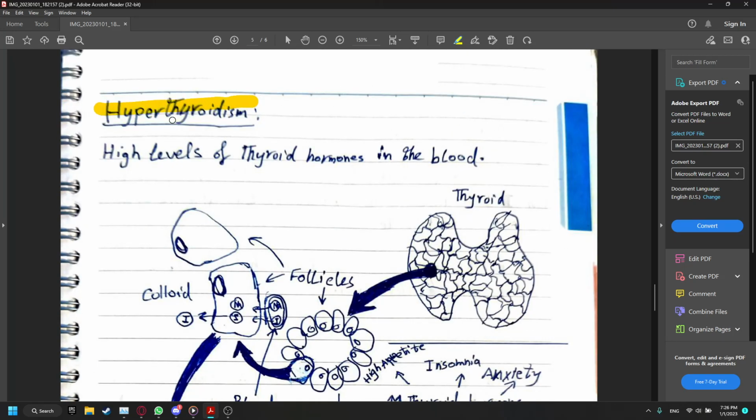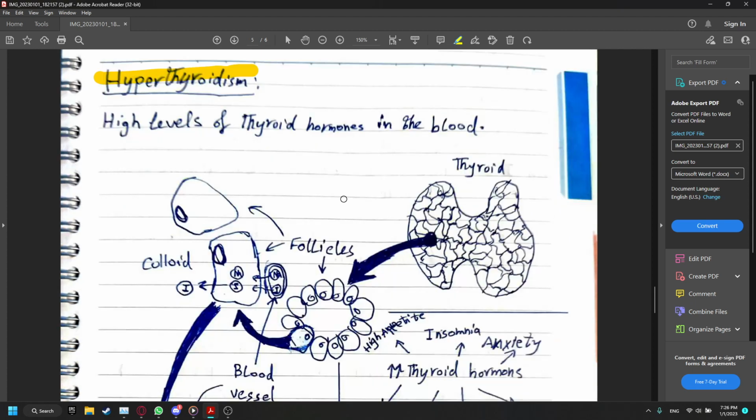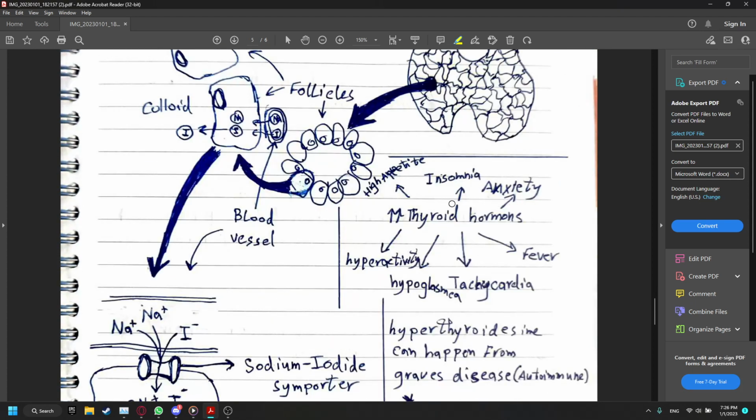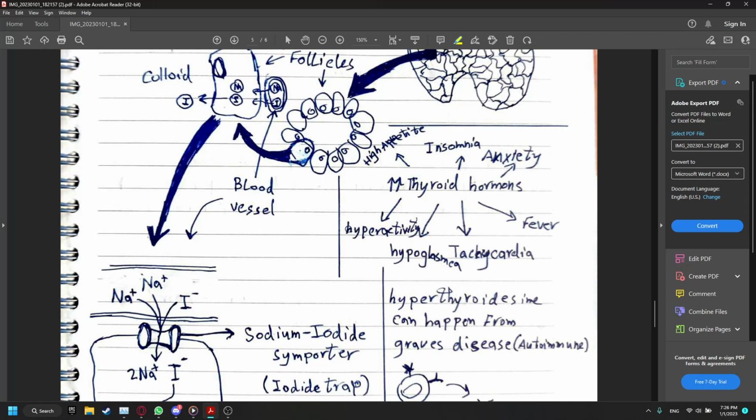About hyperthyroidism, high levels of thyroid hormone in the blood can cause anxiety, insomnia, and high appetite. Why high appetite? Your body is burning out the glucose, so you feel you need to eat more and more, and it can even cause hypoglycemia.